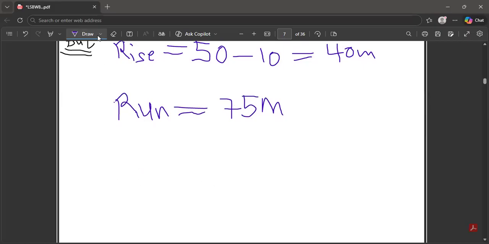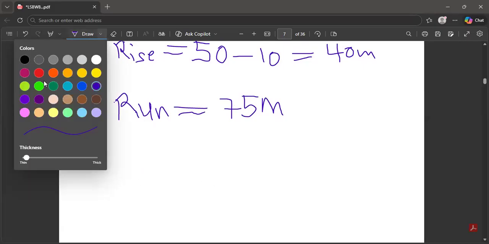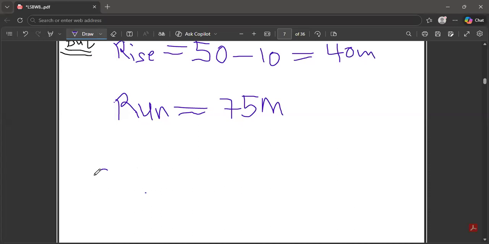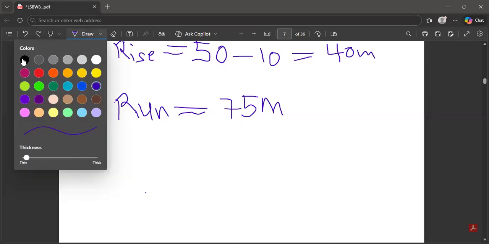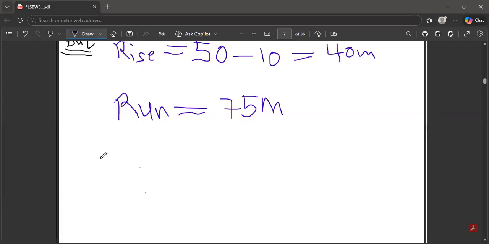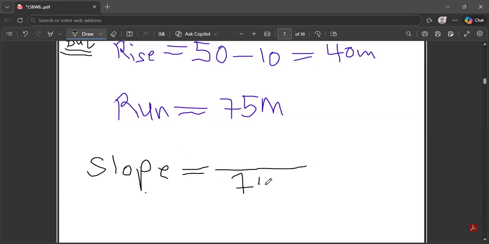So finally we can combine all and you realize that life is going to be easier. Our slope, so the run, we put it over here, 75 meters.